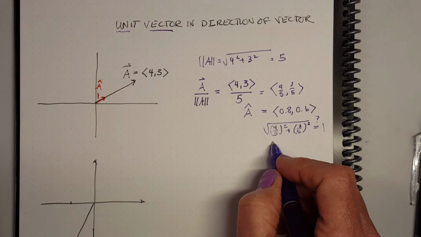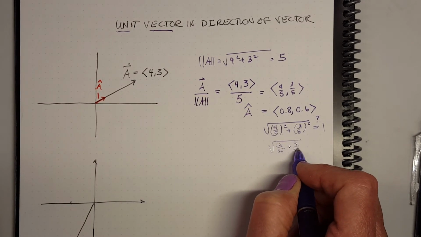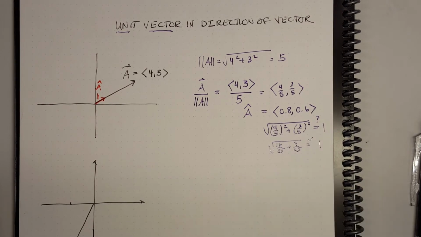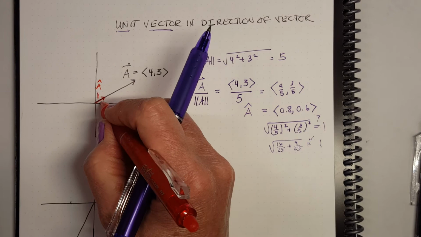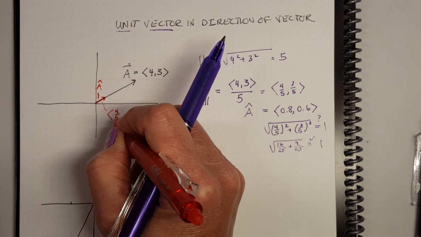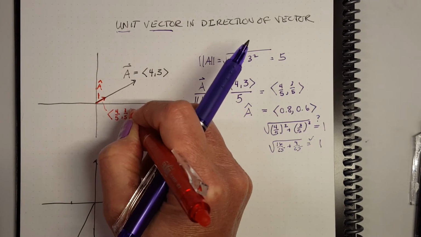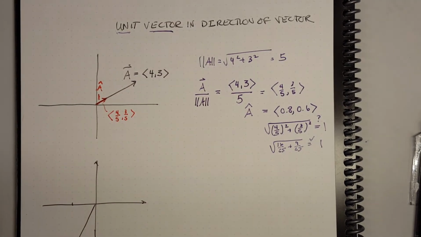And so we get the square root of 16/25 plus 9/25, and yes, that's going to equal 1. So our little A hat vector, <4/5, 3/5>, is the vector that has a length of 1 that is in the direction of vector A.